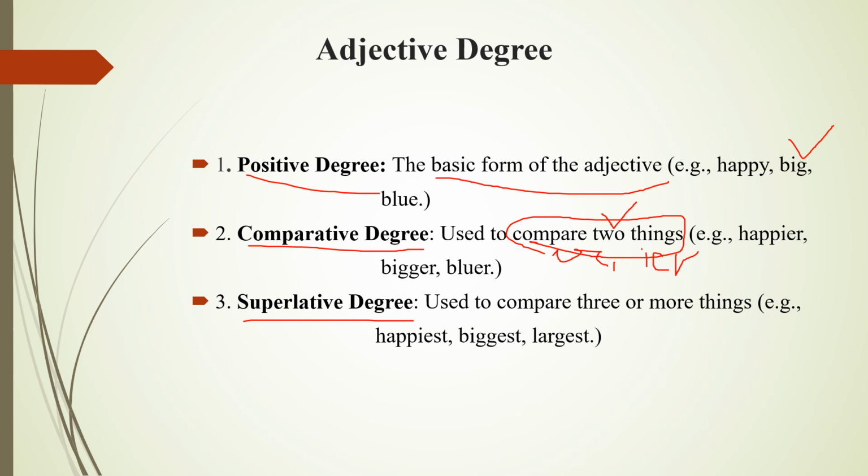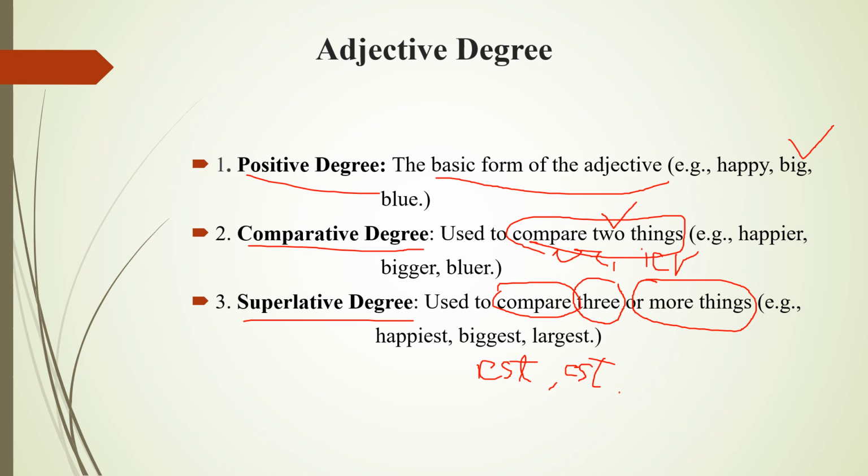Then we have superlative degree. In superlative degree, we make a comparison among three or more than three things. This is generally made by using IEST or EST after a word.